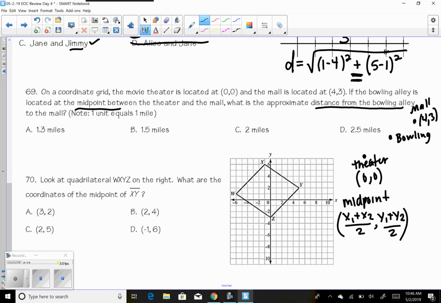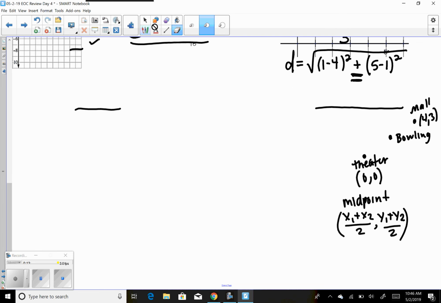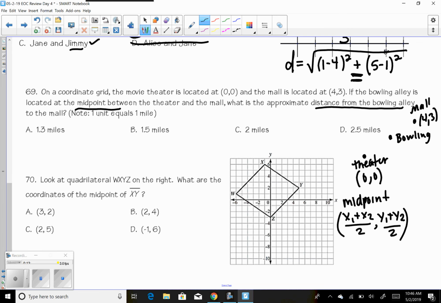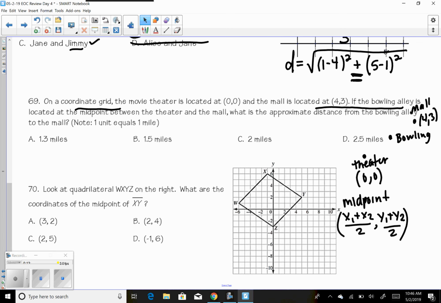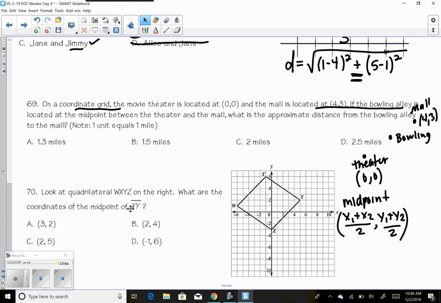In this case, I am looking at 0 plus 4. I'm going to run out of room. I'll work on that underneath, so just bear with me. So 0 plus 4 over 2, 0 plus 3 over 2.